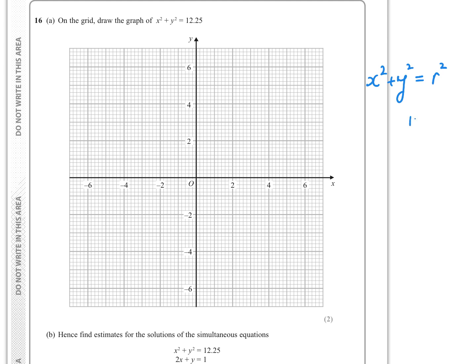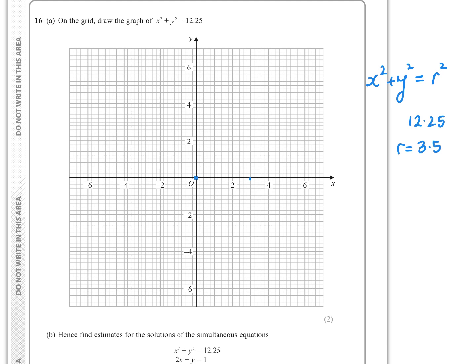Now, using your calculator, if you do the square root of 12.25, you'll get 3.5. I'll just check that on my calculator. So r is 3.5 and the centre is at 0. So we've got our centre here, and all we've got to do is go 3.5 in all directions.